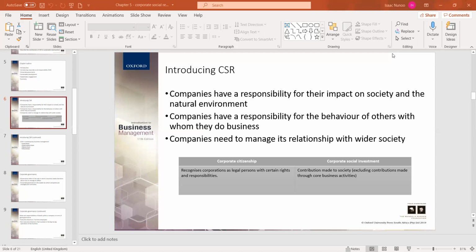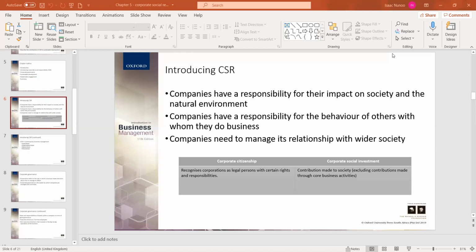The first one, citizenship, basically considers the rights. And the right, as we said, is a juristic right: what the company can do in terms of its internal decisions and how it can run its company. The company has its own right. So we treat the company as a citizen, and every human individual has rights and what the person is made to do to make sure that the person is better off.